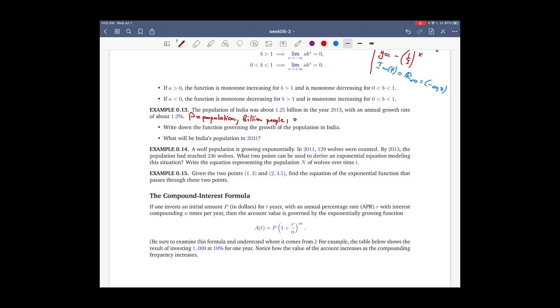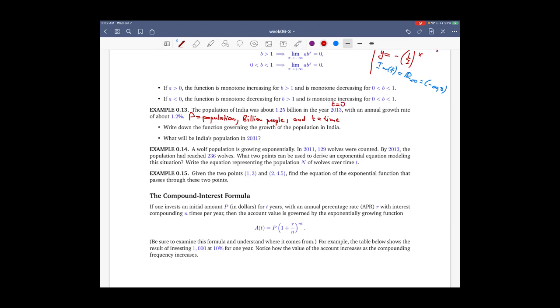And let time be denoted by t. Looks like time is measured in years, but not since the birth of Christ, as we normally measure time, but rather since the year 2013. So the year 2013 corresponds to t equals 0.